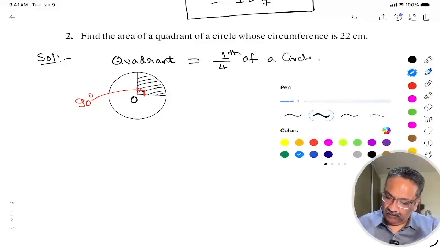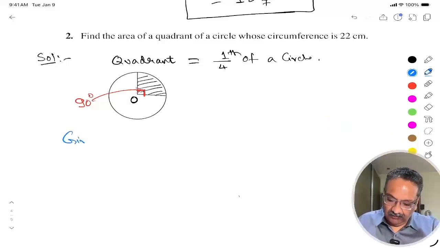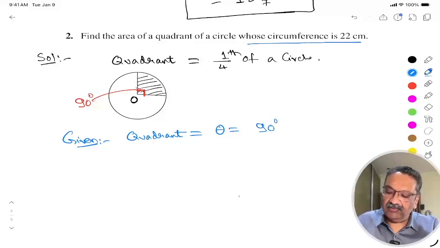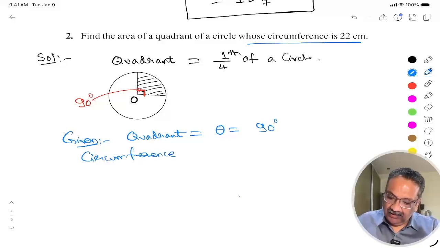So what will be given now? Given: quadrant means theta is equal to 90 degrees, and the circumference is 22 centimeters. See, this is not the circumference of the quadrant, it is the circumference of the circle.